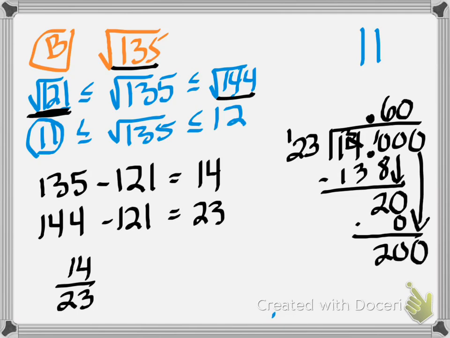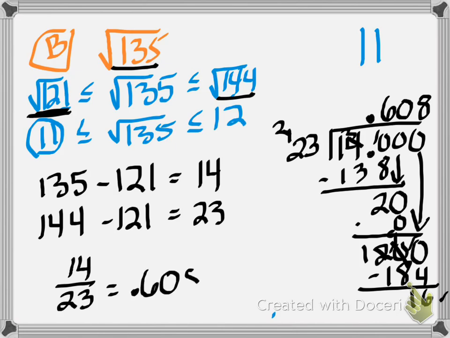And 23 will go into 200 8 times maybe? 8 times 3 is 24, 8 times 2 is 16, plus 2 is 18. So 14/23 is 0.608.